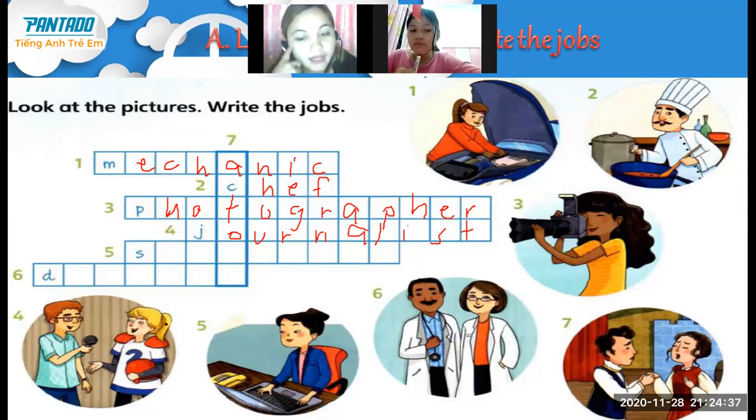It starts with letter S and letter E. Se. What do you think is that? Oh, that's very easy. Se. Sec.